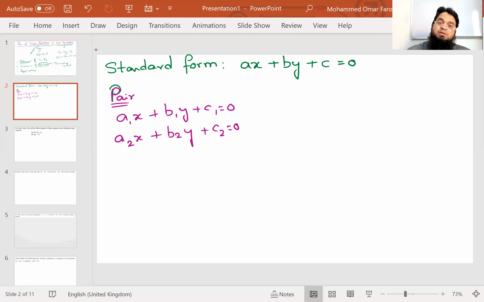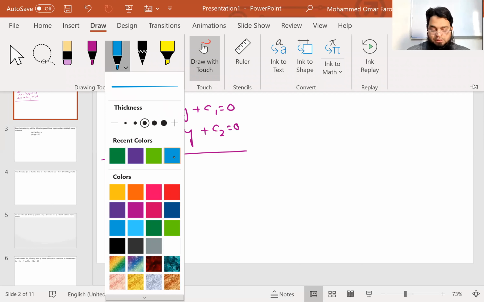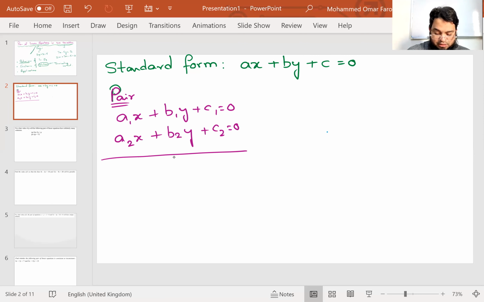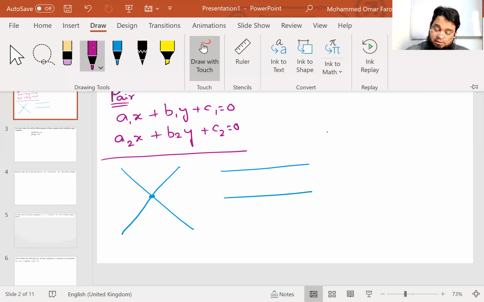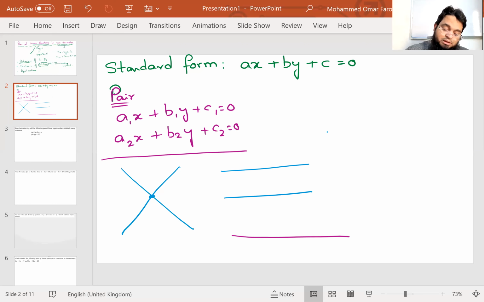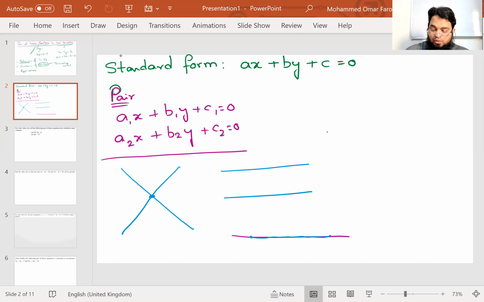So, what are the three situations we can find? When we have two linear equations, either they intersect at one point, or the two equations can be parallel, or, the third one, the equations can coincide, one above the other. So there are three situations.